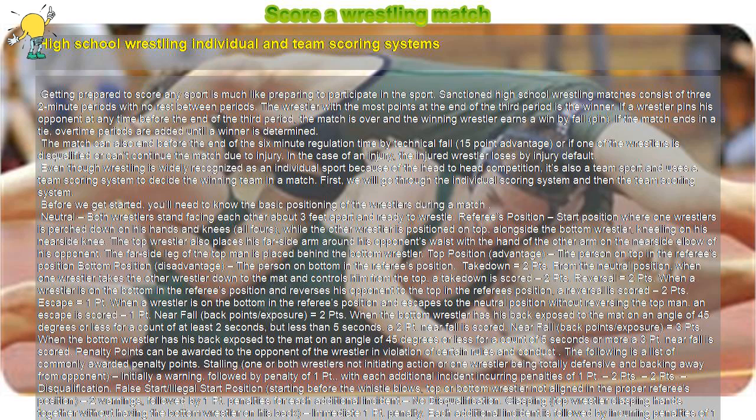Near fall, back points / exposure, equals 3 PTS. When the bottom wrestler has his back exposed to the mat on an angle of 45 degrees or less for a count of 5 seconds or more, a 3 PT near fall is scored.